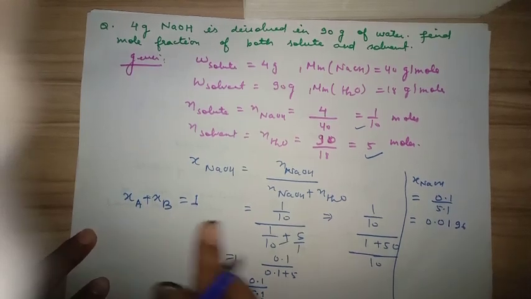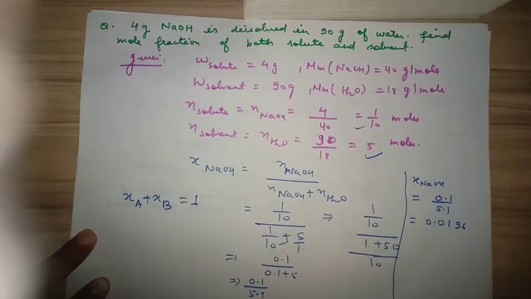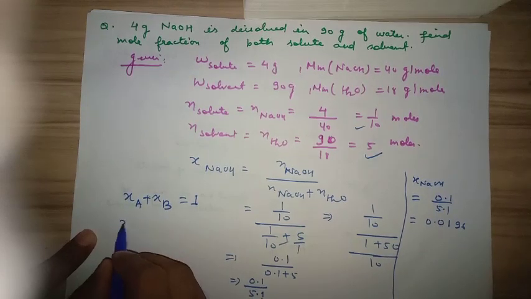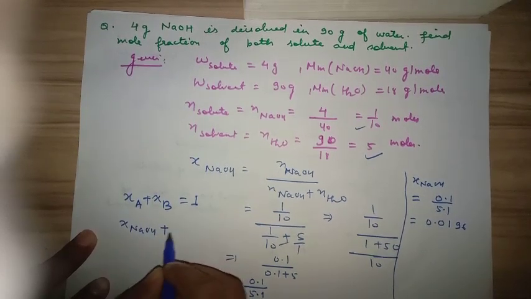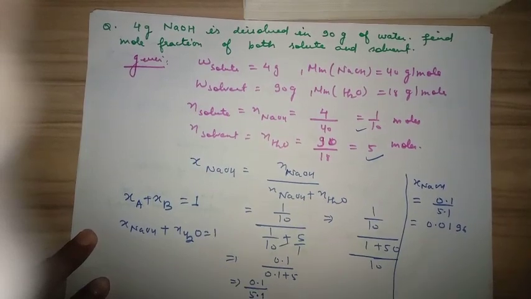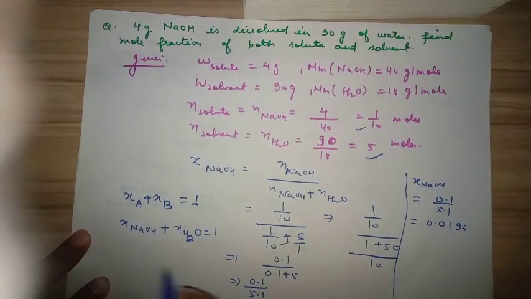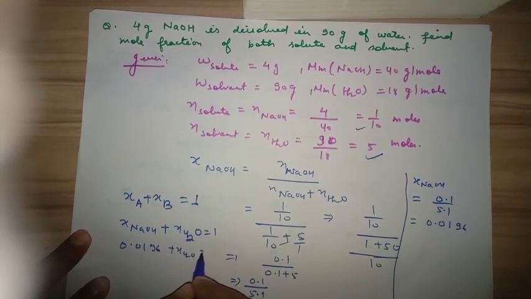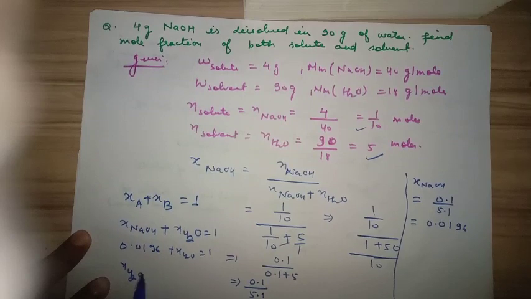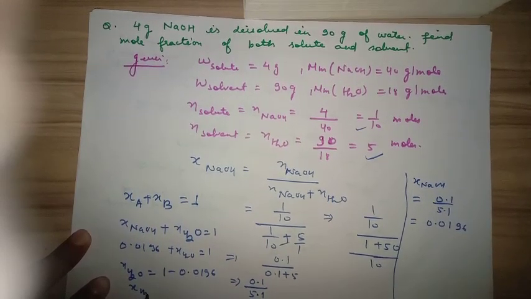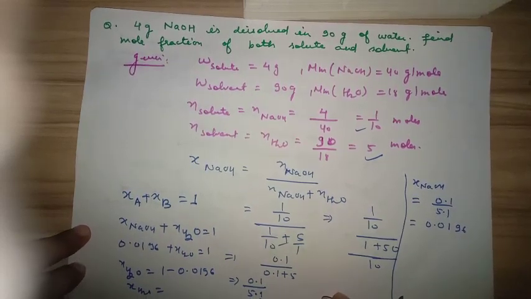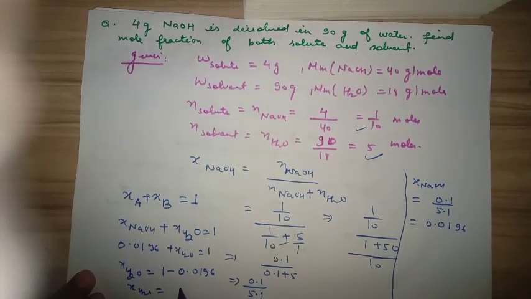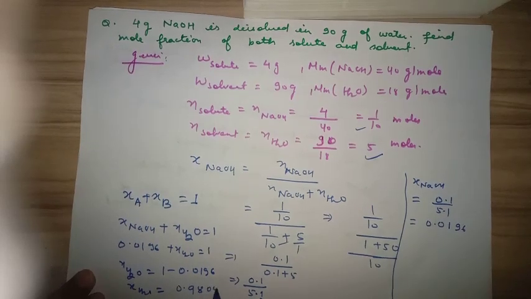It may be any number of terms, it may be many terms, B, C, D, E, F, G, H. So we can say that x NaOH plus x H2O will be 1. Now x NaOH we know is 0.0196 and we have to find x H2O. On subtracting 1 minus 0.0196, we get x H2O as 0.9804. So this is our mole fraction.